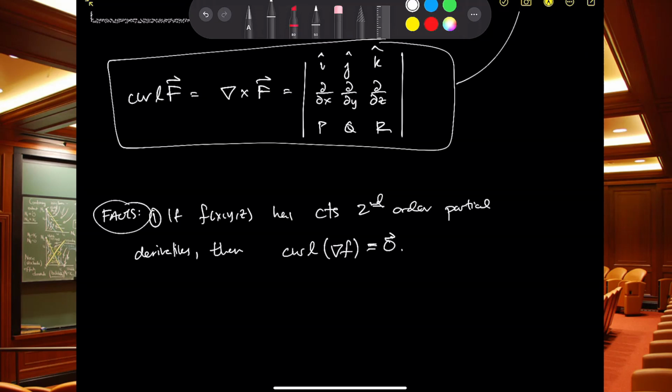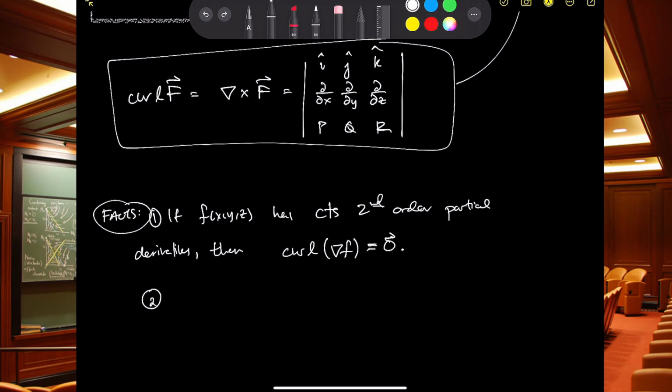So this is not so bad to prove, and we're not going to do it. If you wanted to check it out by applying this to any of the simple scalar valued functions we've played with, you'll see that this is the case. And it'd be a good exercise to do that.